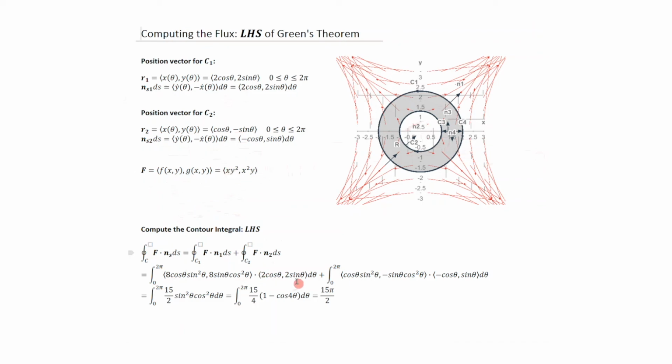This 2 cos theta, 2 sine theta d theta is the expression for n_s1 ds1. Similarly, for the second contribution, f dot n_2 ds, this is the vector f, and this is the vector n_2 ds. So the rest is just integration. If you do the calculations, you'll find you get an answer of 15 pi divided by 2.